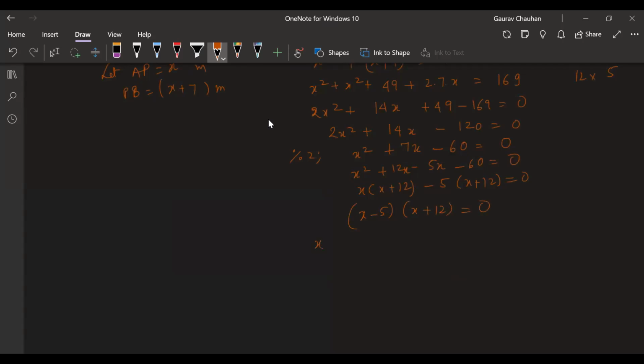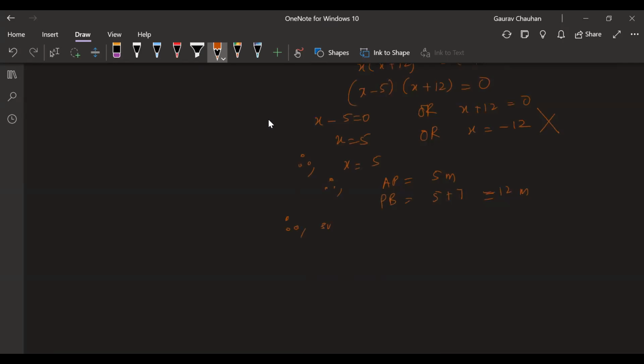(X minus 5) into (x plus 12) is equal to 0. So x minus 5 is equal to 0 or x plus 12 is equal to 0. That means x is equal to 5 or x is equal to minus 12. X cannot be minus 12, therefore x is equal to 5. Therefore, AP is equal to 5 meters and PB is equal to 5 plus 7, that's 12 meters.